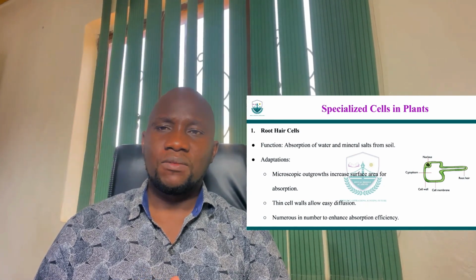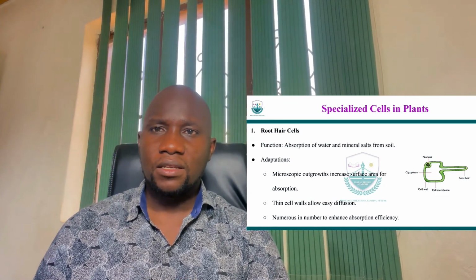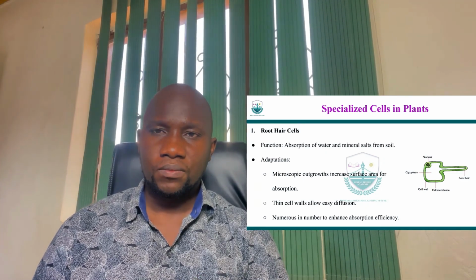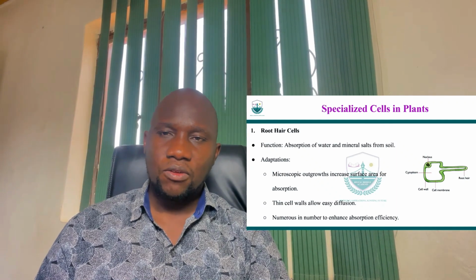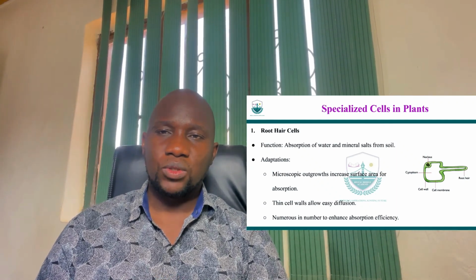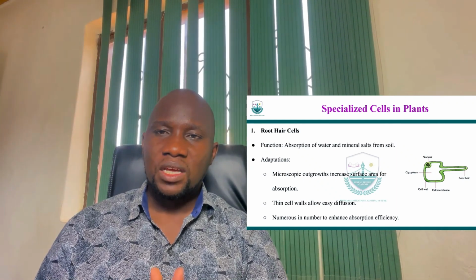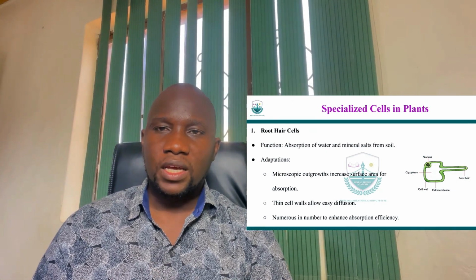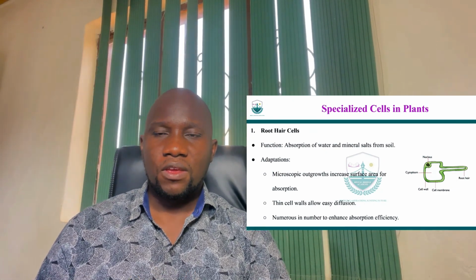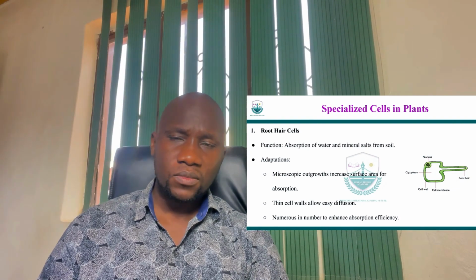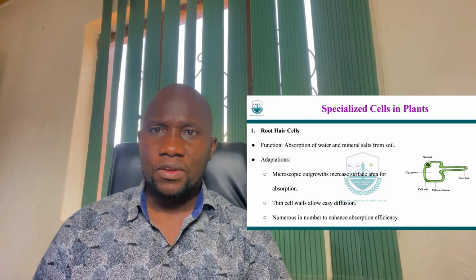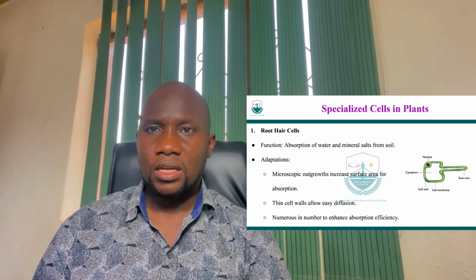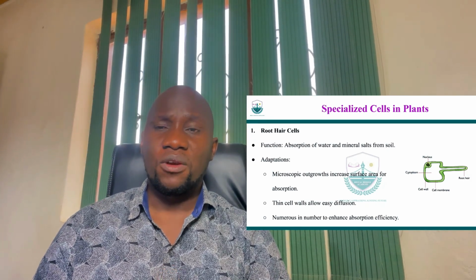They are covered with a thin cell wall. That means that it is very easy for water absorption and mineral absorption to happen because these root hairs have thin cell walls. So that makes them very important in water absorption. There are very, very many.